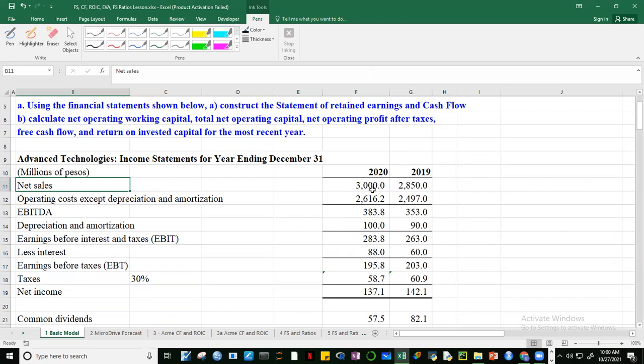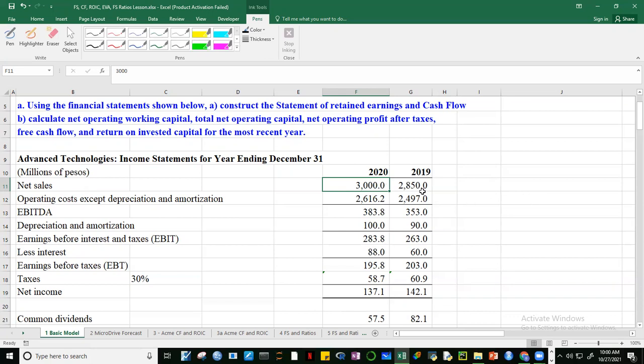It's now difficult to pronounce this. It's 3 billion. Am I correct, guys? This is 3,000 million, which means when we say millions of pesos, we have to add 6 zeros. Sorry, I got confused.